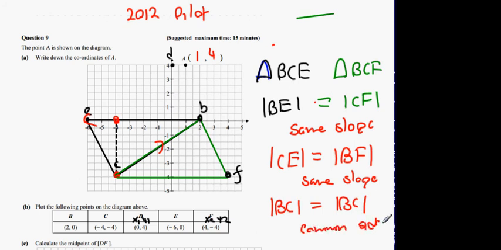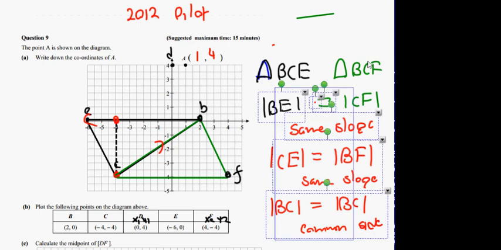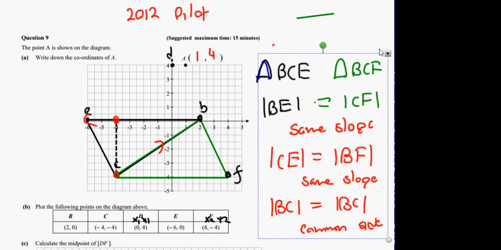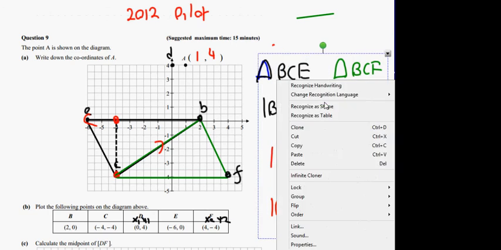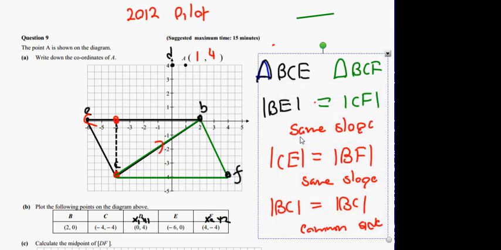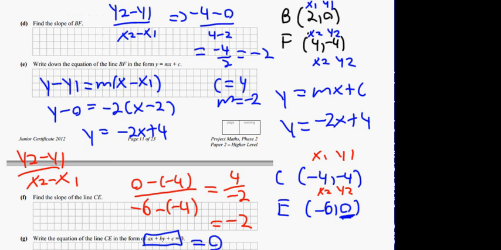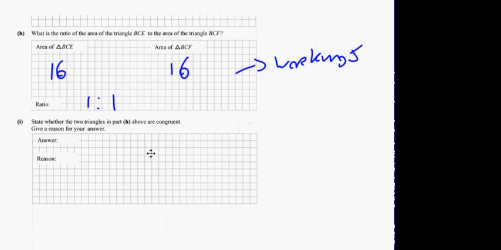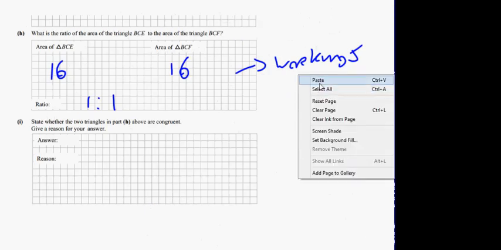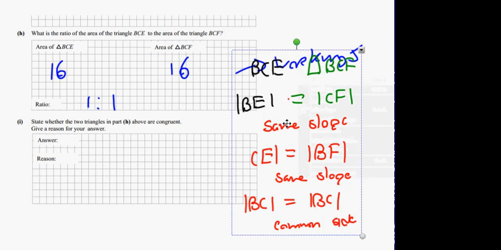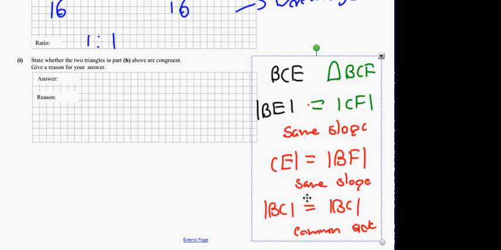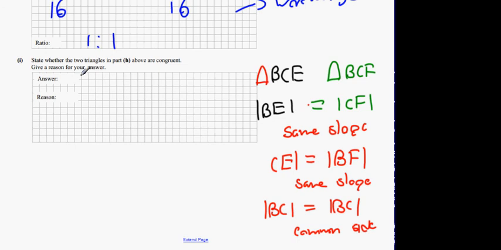Now, once I have all this information accumulated, I'm going to do Control G and bring it over to my answer. So here's your workings on the side. Now, what's your answer? Yes.